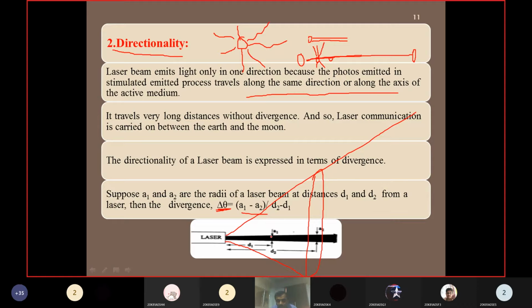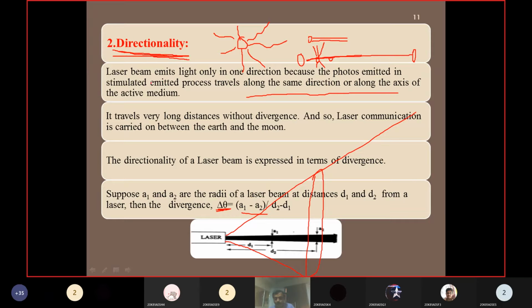Here a1 is the radius of the laser at distance d1, and a2 is the radius at distance d2. So the divergence angle del theta is equal to (a2 minus a1) by (d2 minus d1). If the divergence angle is very small, we can say the light has high directionality, so laser has very high directionality.